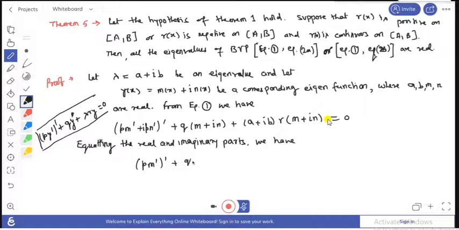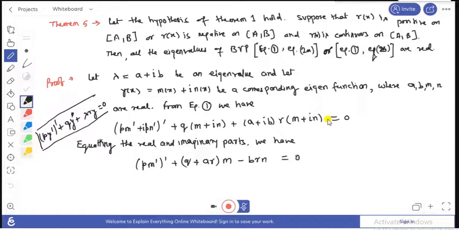So this becomes (q plus a r) multiplied by m. And from this minus i and minus i, this was i and i squared, this was minus 1, so we get minus b r n.